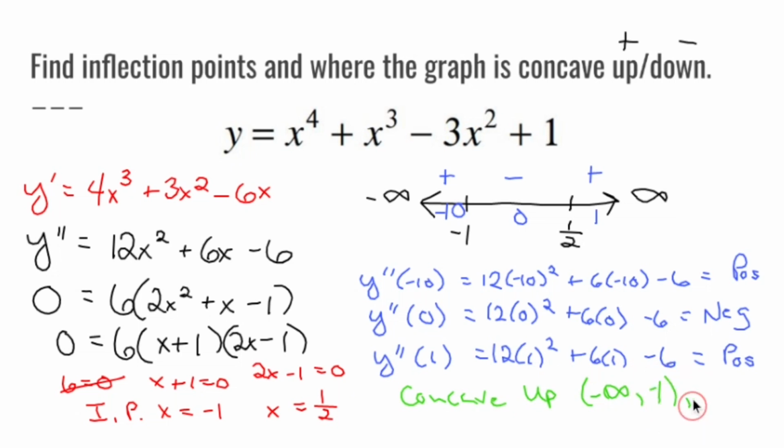It's neither. And from a half to positive infinity. It's concave down in the interval where my second derivative was negative, and that happened between -1 and a half.